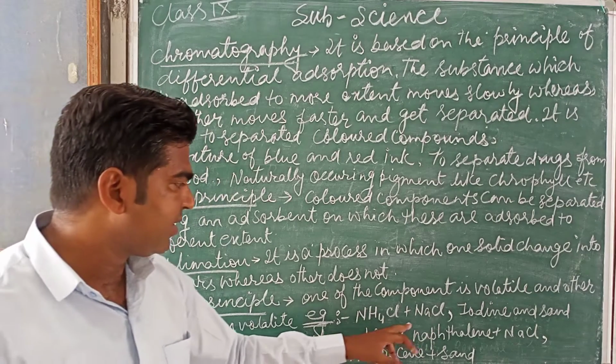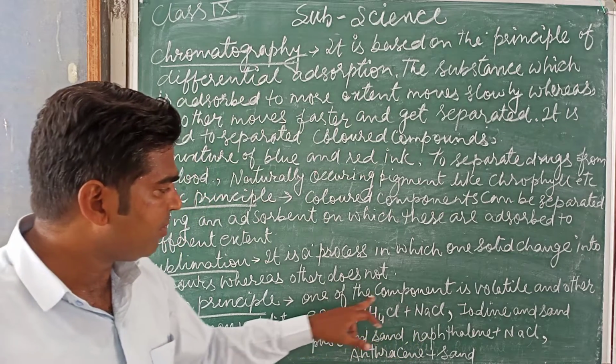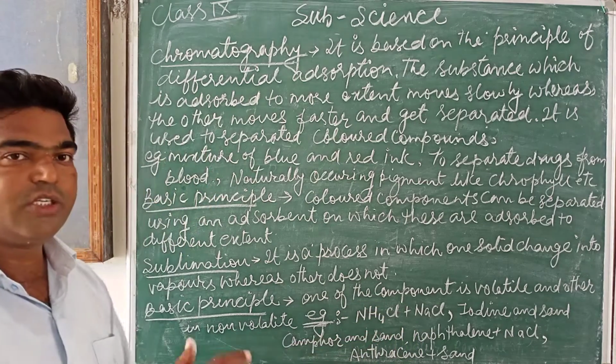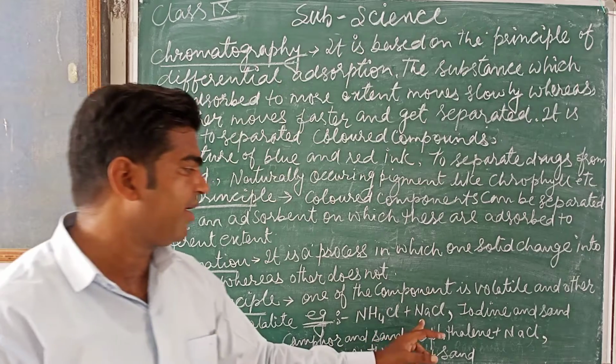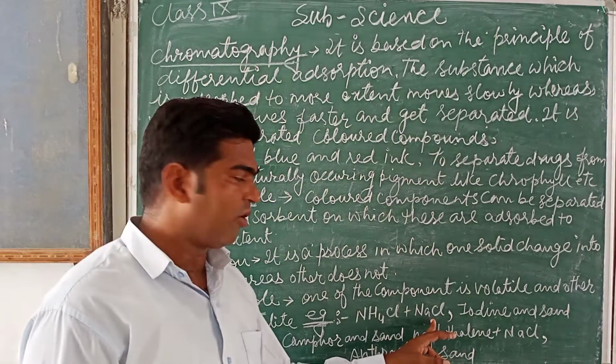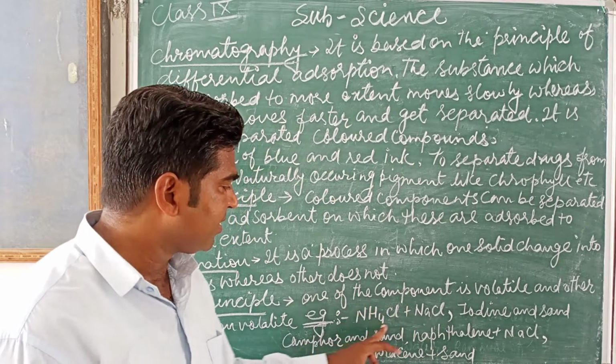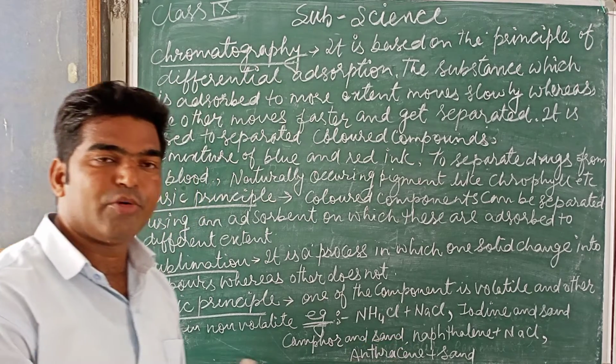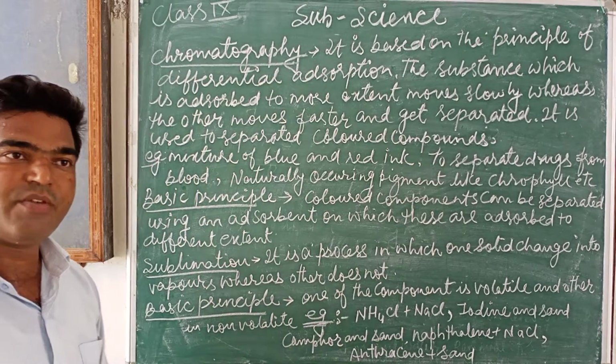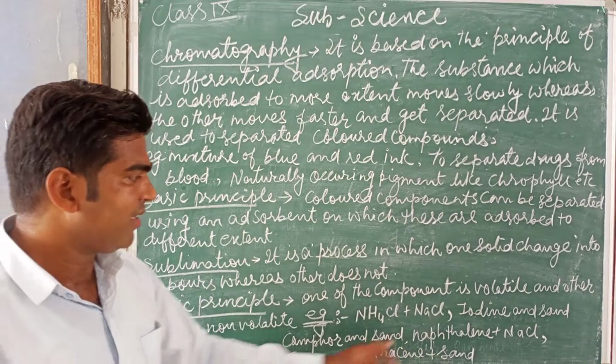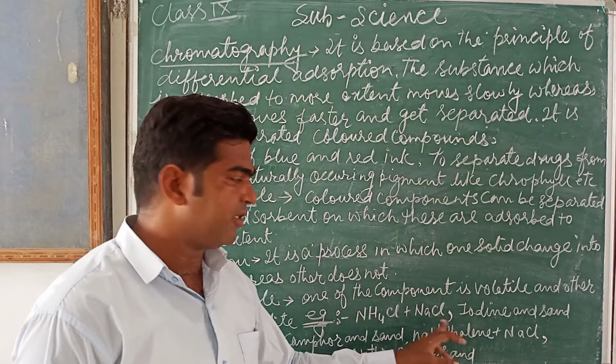Here, ammonium chloride changes into vapor on heating, while the other remains as a residue in solid form.